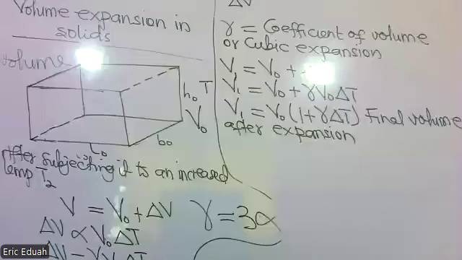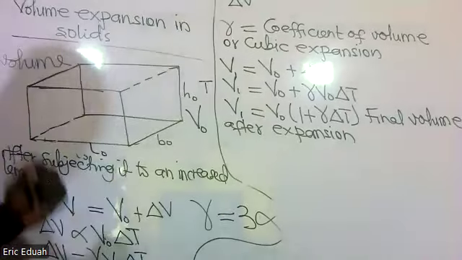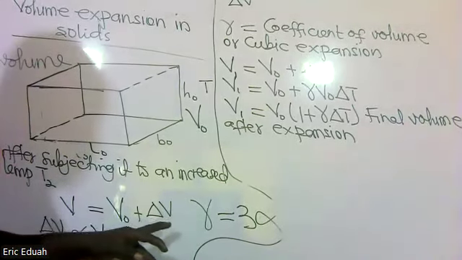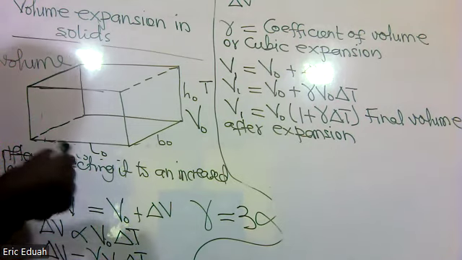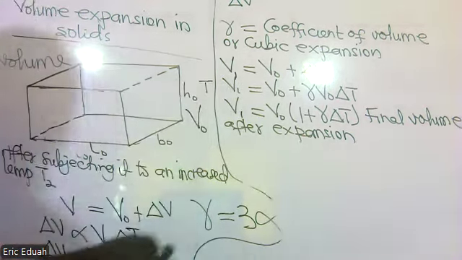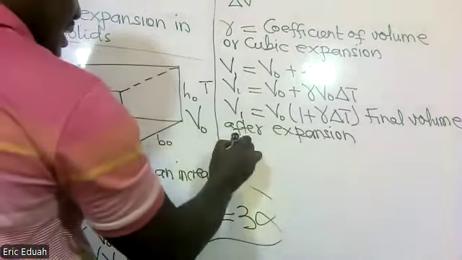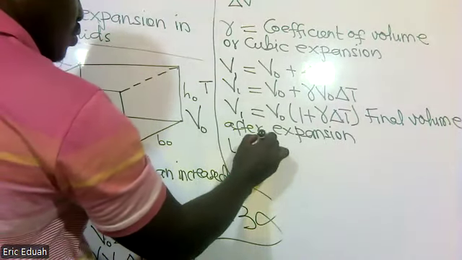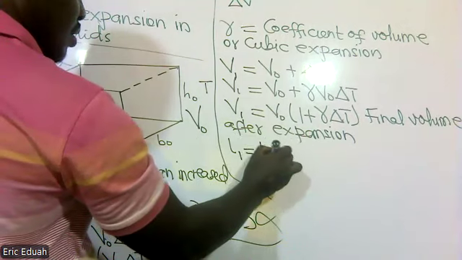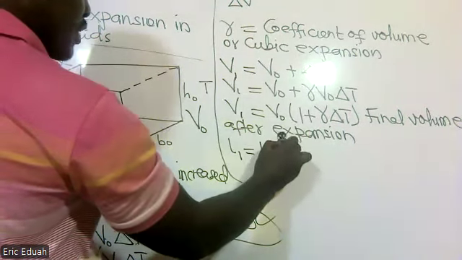Final volume after expansion. Then we came to establishing the relationship between linear expansivity and cubic expansivity, where after a temperature change, we realize that the new length L1 will be equal to the old length L0 plus the change.